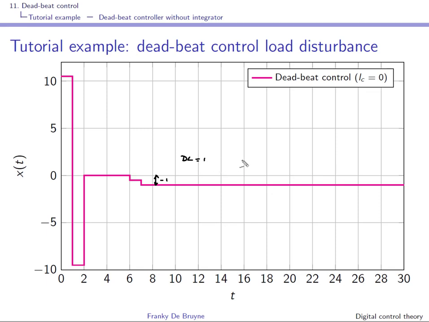This is what the process will see, an input that is 0, and of course the output will stabilize to a constant signal, and this is what we observe. This constant signal is 0 over here because the controller is not able to reject the load disturbance.